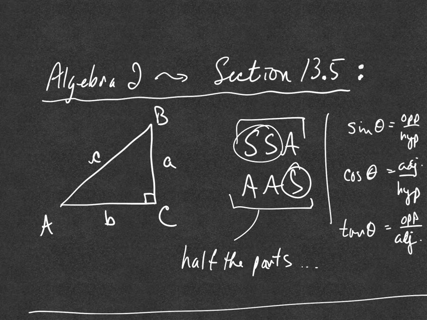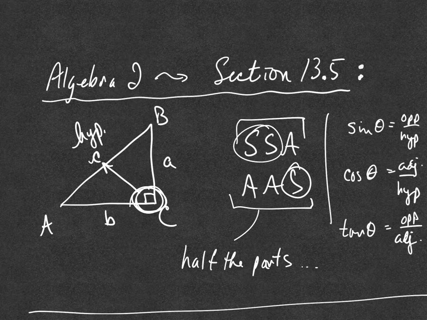And what we've looked at so far is how to find the missing pieces of a triangle using sine, cosine, and tangent, using the definitions opposite, hypotenuse, adjacent, and so on. The key has been that because we've had a right triangle in every single one of our problems, we've always had a hypotenuse.